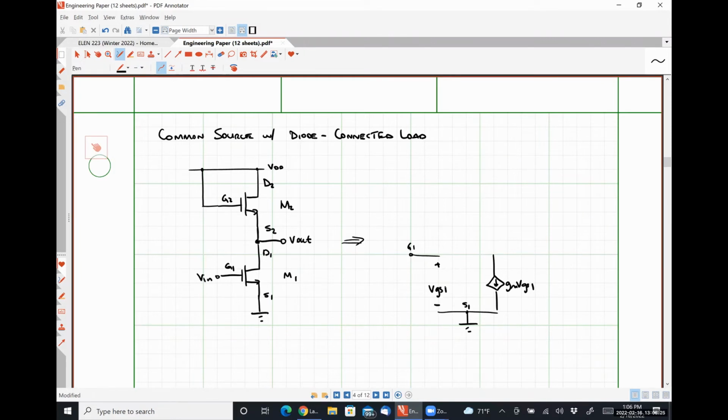Here's VGS1. Here is R01, excuse me. Here's my output voltage, V out, and this terminal is obviously the drain of transistor 1.